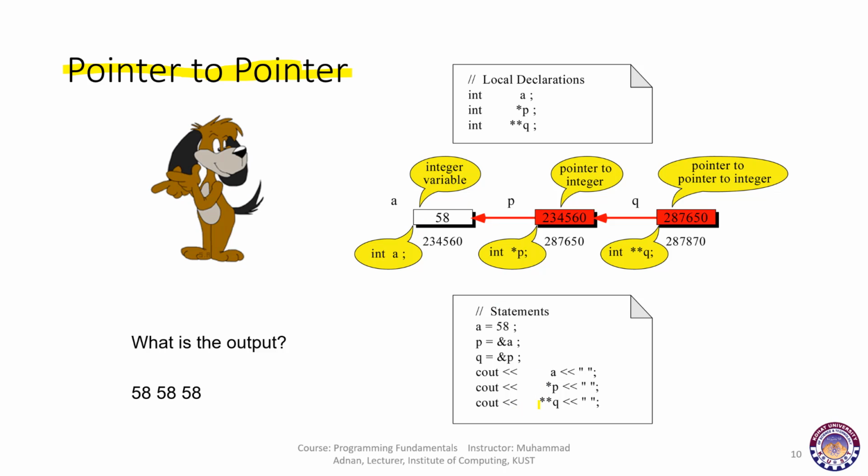And then you are using pointer to pointer. So what does that mean? You are saying to the compiler, go to the address of the pointer for which I am holding the address, and then the address that is stored by this pointer, go to that address and then print the value. So you will get 58. So for these three cases you will get 58, 58 and 58.